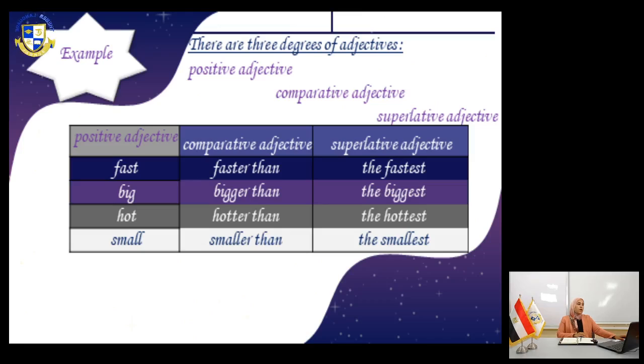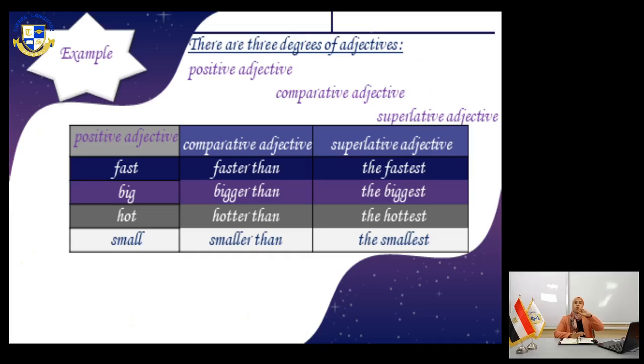Now, there are 3 degrees of adjectives: positive adjectives, comparative adjectives, and superlative adjectives. The positive is the stem, I can say the stem or the real name of the adjective, like fast, big, hot, small. The comparative form of this adjective, I can say fast, faster than, big, bigger than, hot, hotter than, small, smaller than.